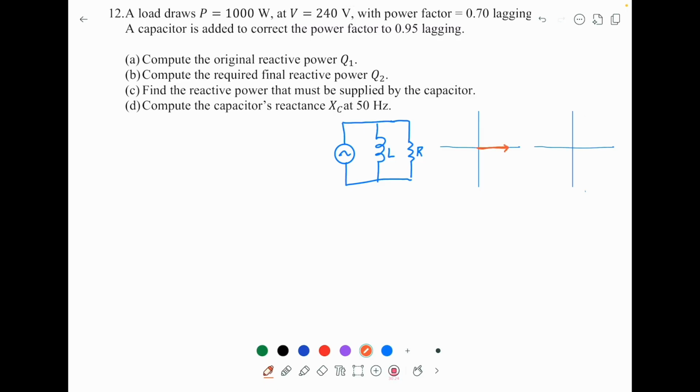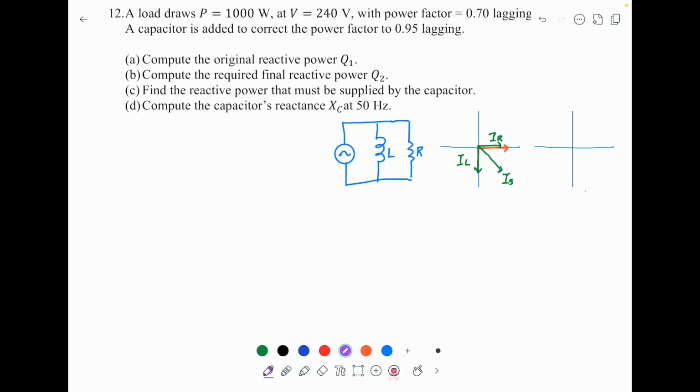And the current passing through R is in phase, of course, and the current passing through the inductor is 90 degrees lag, and this is the current of the power supply. So this is I power supply, and this is IR, and this is IL.